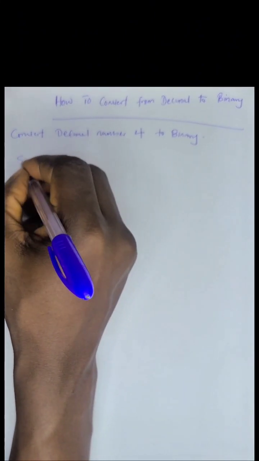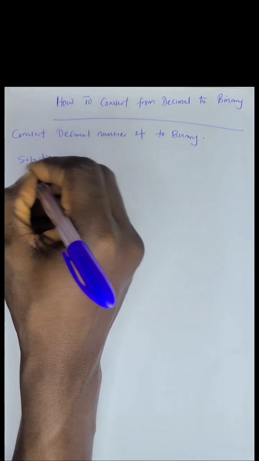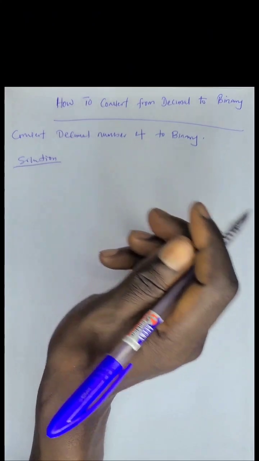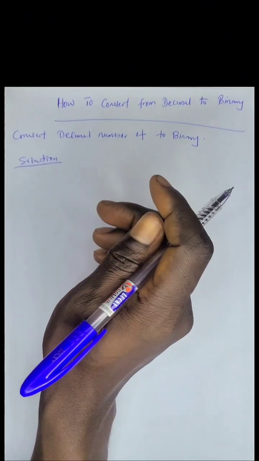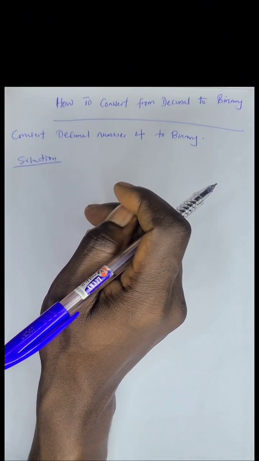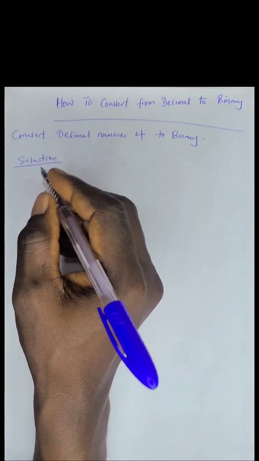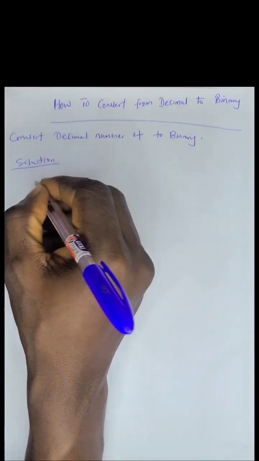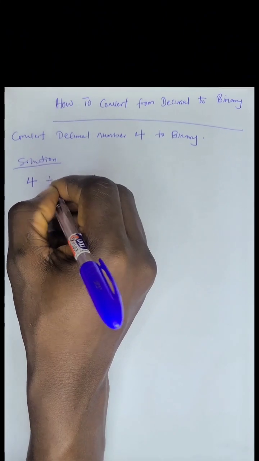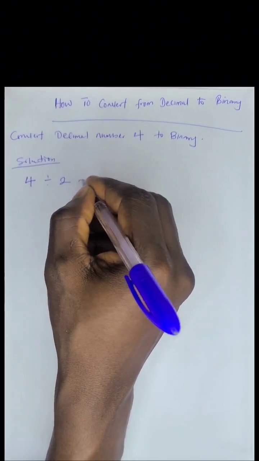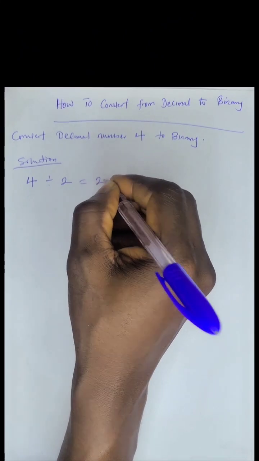What you are doing is dividing it by 2. Binary is a base 2 system, so you are dividing by 2. So 4 divided by 2 will give us 2.